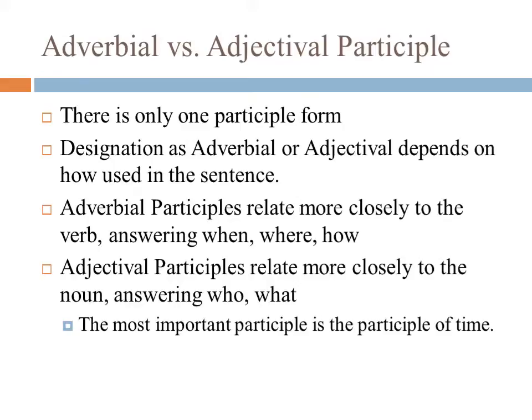How did you do it? These are adverbial questions. Adjectival participles relate more closely to the noun, and they are answering the questions of who or what. Okay? Because the noun is what or who, they are answering those questions.